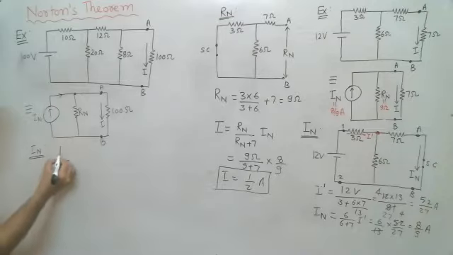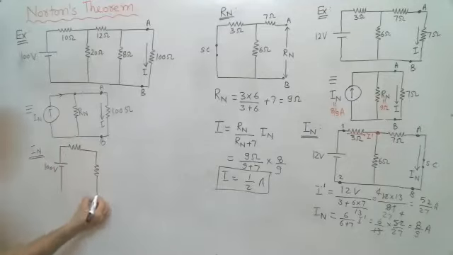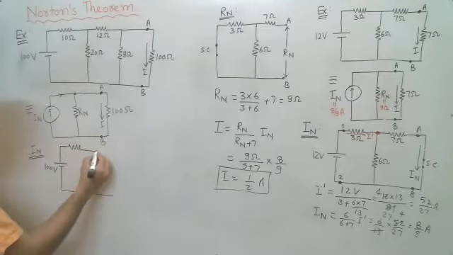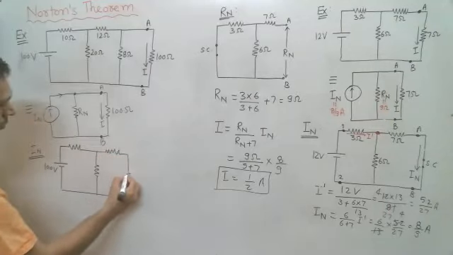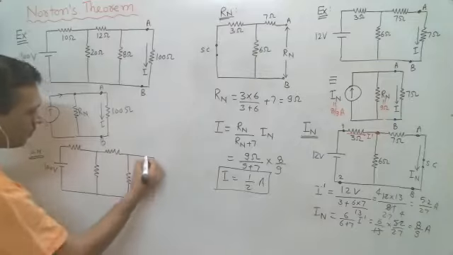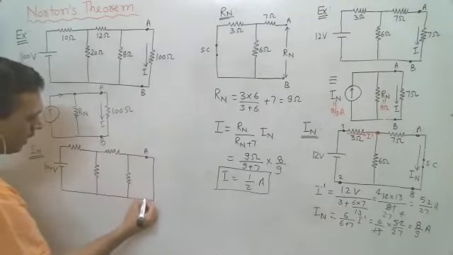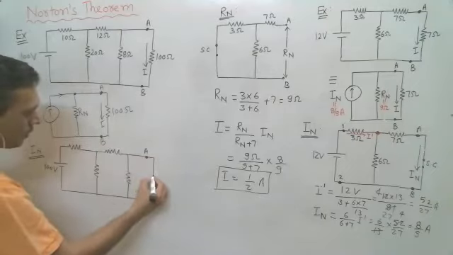This is 100 volt, 10 ohm, this point is A and this point is B. This is short circuit.